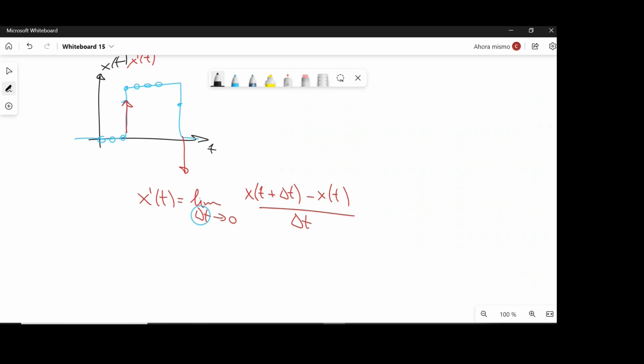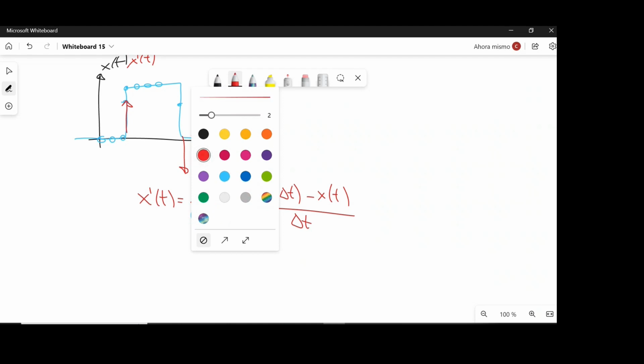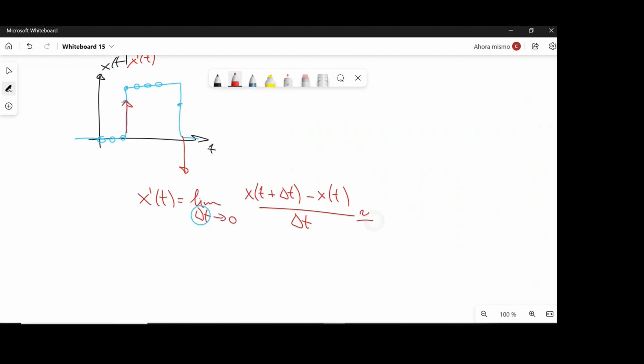So I can say this is, let's make it red, approximately the following. Now I don't have any limit anymore because I have a fixed sampling. So this is the sample at n plus 1, this is the sample at n, and then divided by the sampling step.